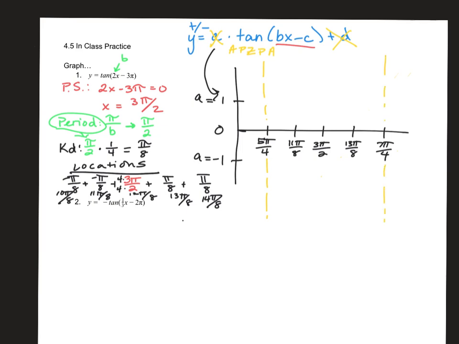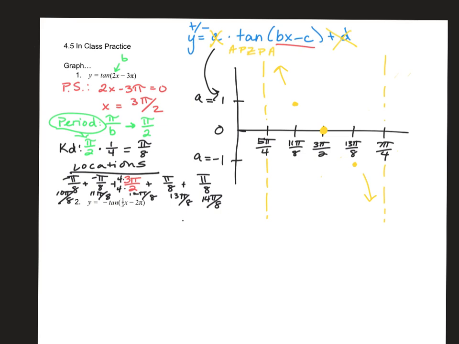And then it's actually easiest next to go to our middle location, which is a 0. So if we had a vertical shift, a d value, that point would be on the height of a d value. And then the points. So that means we're either going to have up on the left point, down on the right, and then we would have an end behavior that kind of does this, or vice versa.